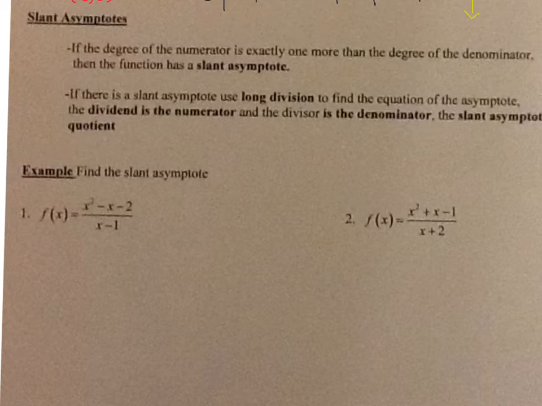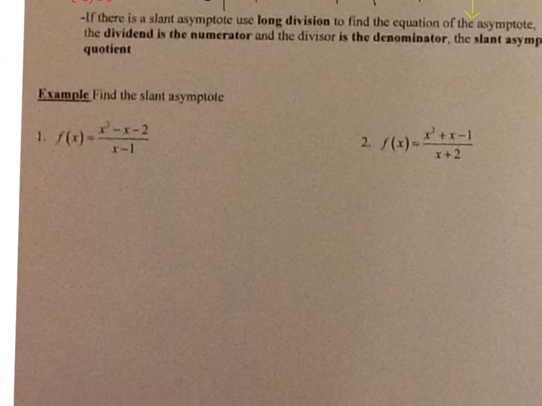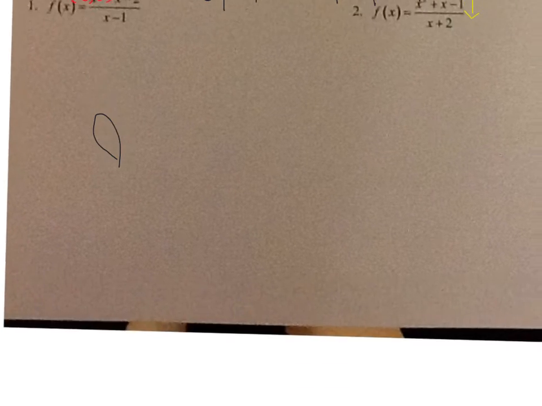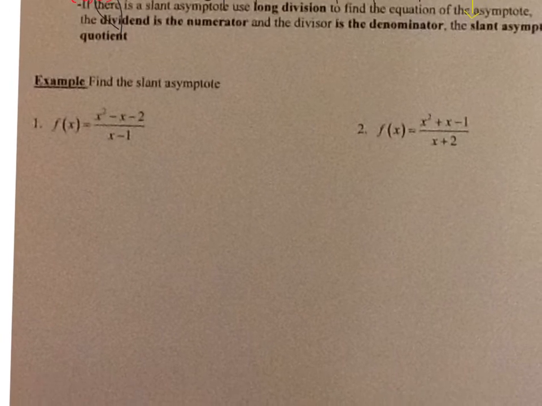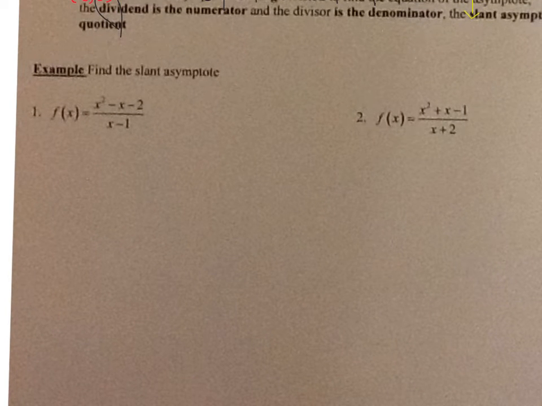Okay, so here, find the slant asymptote. First of all, notice my degrees: I have an x squared and an x. My x squared is one more than my x, so there's going to be a slant asymptote. So I'm going to take the denominator, x minus 1, and divide it into the numerator, x squared minus x minus 2. I get x here.